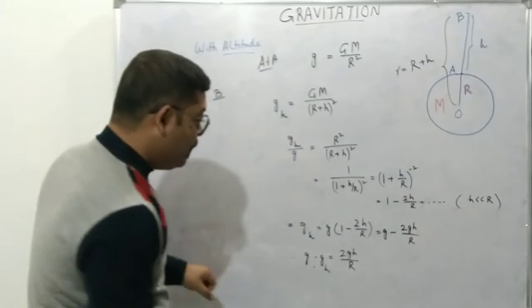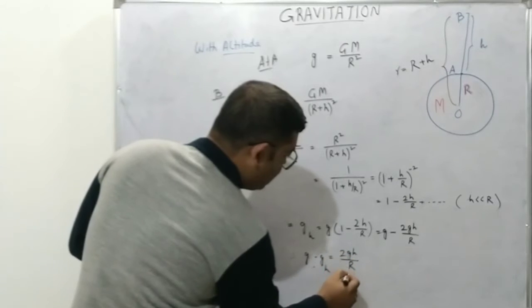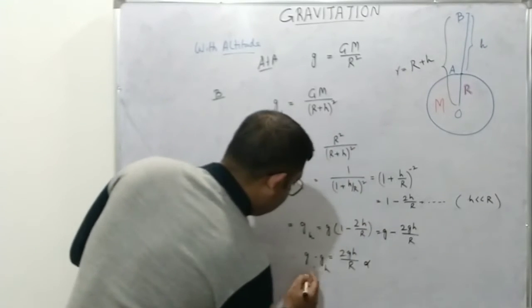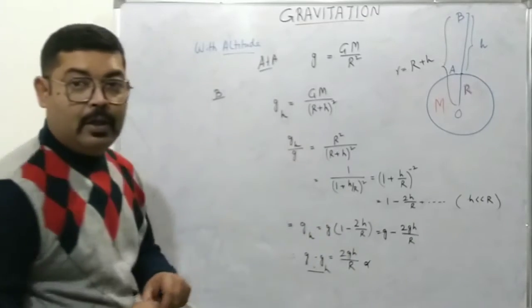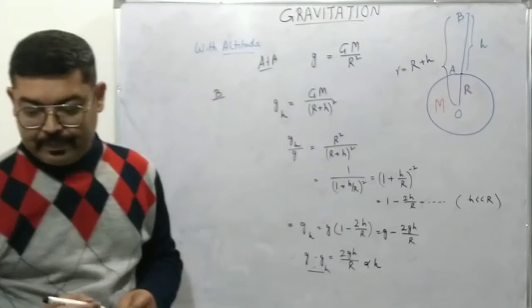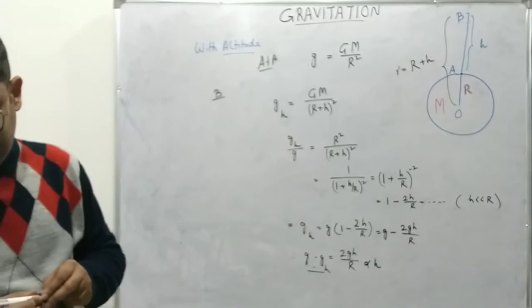Okay? Which means that g is constant, 2 is a constant, R is a constant, so this term g minus gh will be proportional to h, the height.